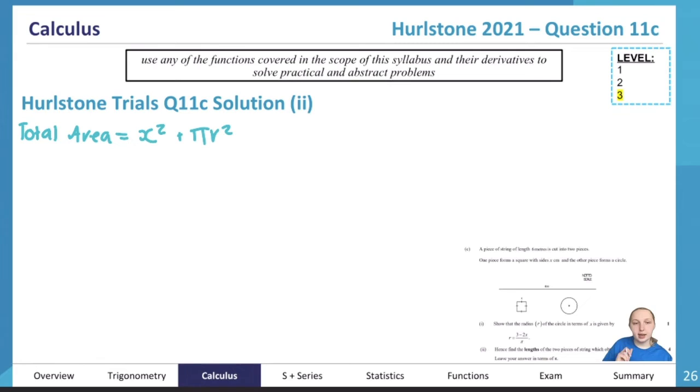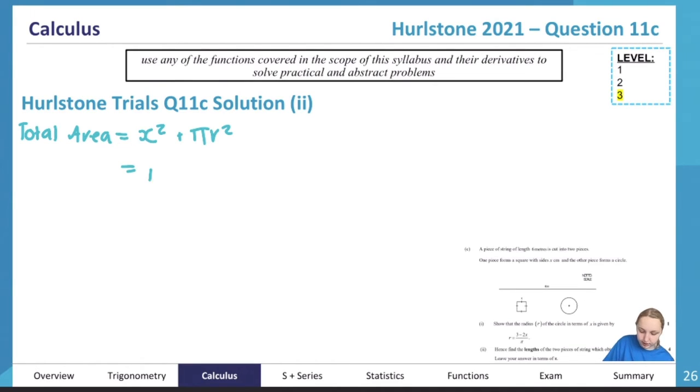Okay, then we want to rearrange that so that we can get it in terms of r. So what we do here is we can do 3 minus 2x on pi, squared.